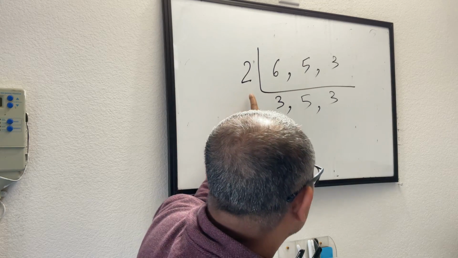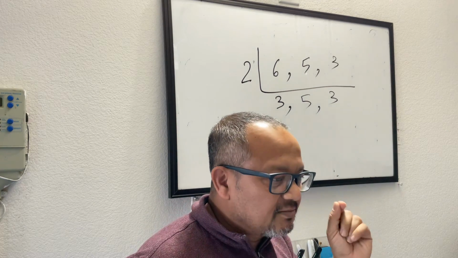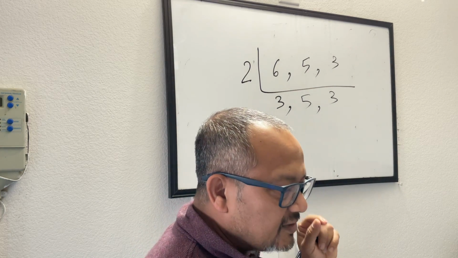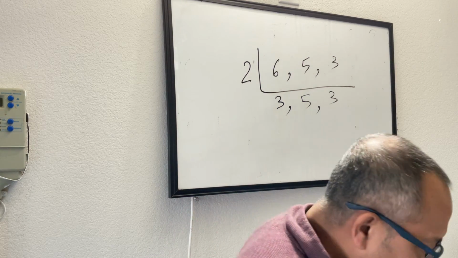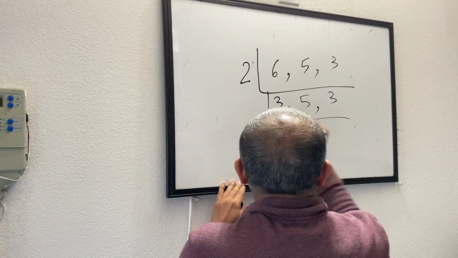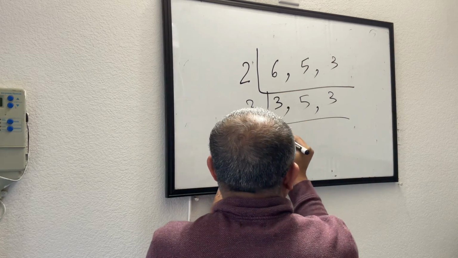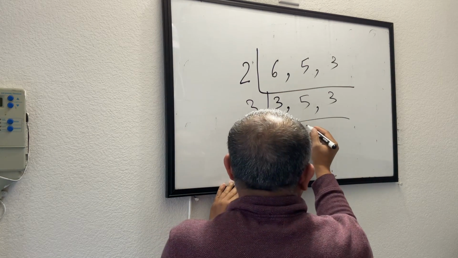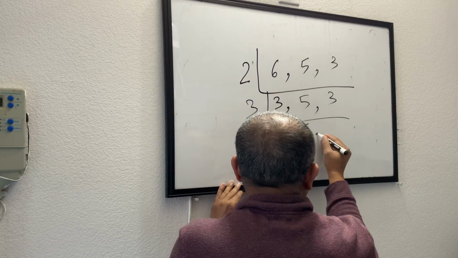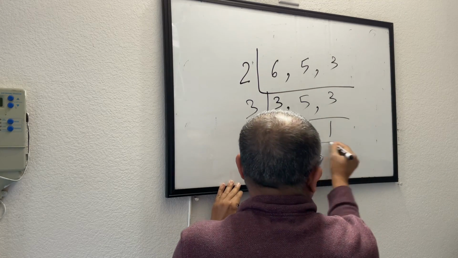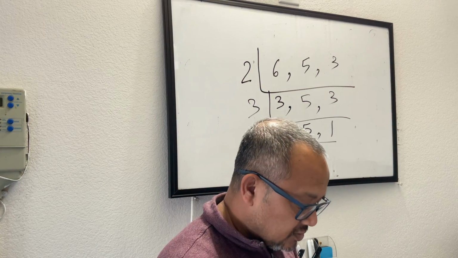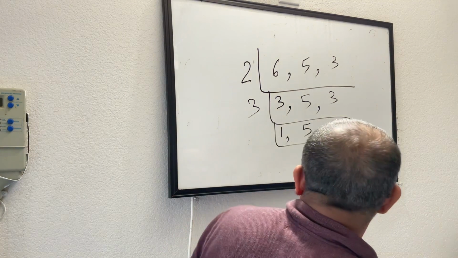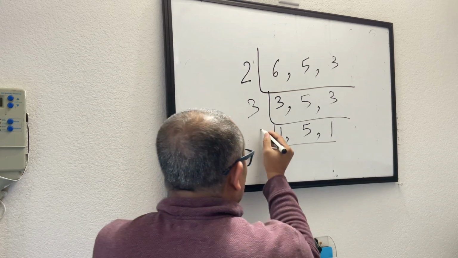Now what is the next smallest number that you can think of? 3 is the next smallest. Okay, so let's put a 3 here. 3 ones are 3, I'll write a 1. 5 doesn't come in the table of 3, so I'll write 5. Again 3 ones are 3. Now next is 5.